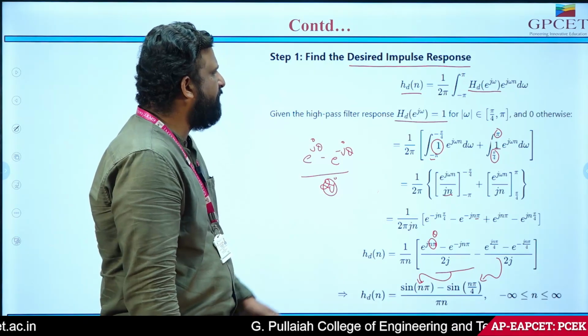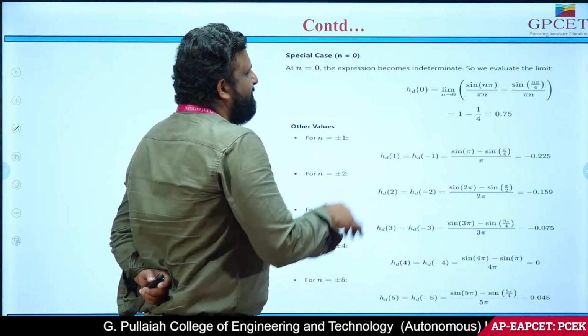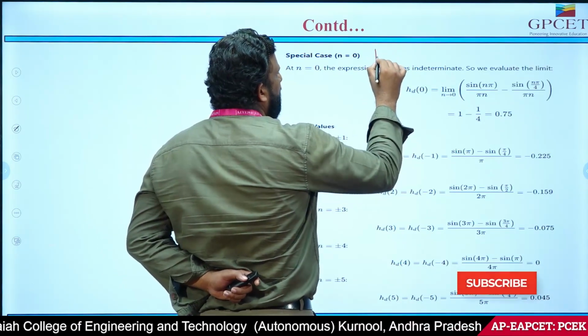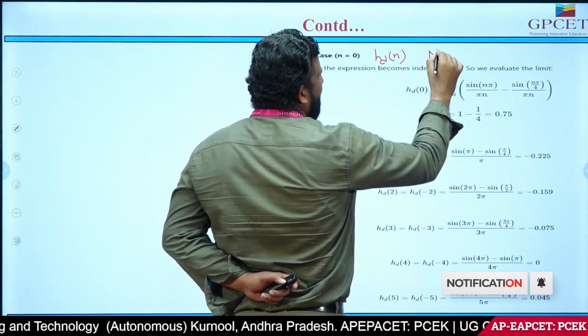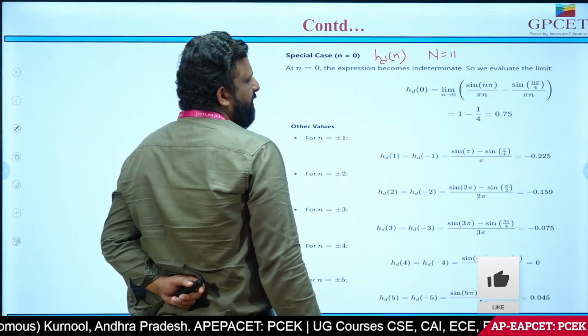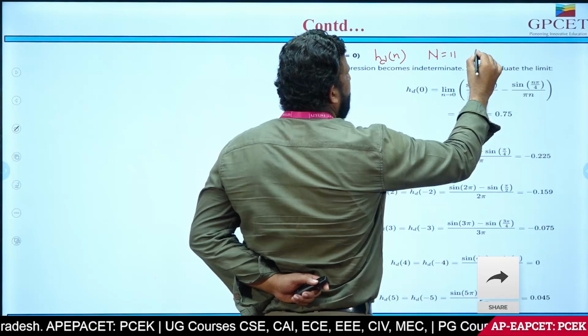So the next step is just applying the values. We are going to find the coefficient values of hd(n). What is the length they have given? The length is given as N equal to 11. How many coefficients do we need to find?